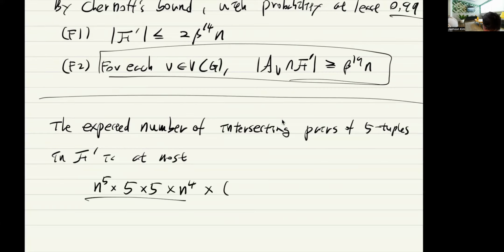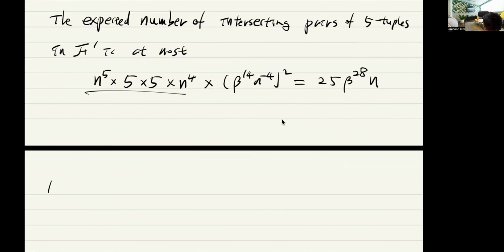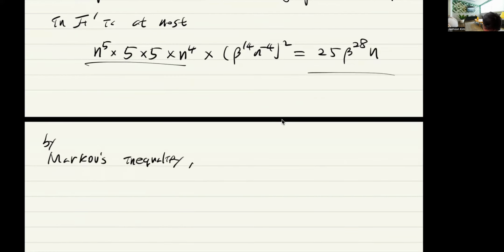This is the possible number of tuples. And then the probability that both of them are chosen is this, so this is a small number. And by Markov's inequality, the probability that this number is twice its expectation is at most half.